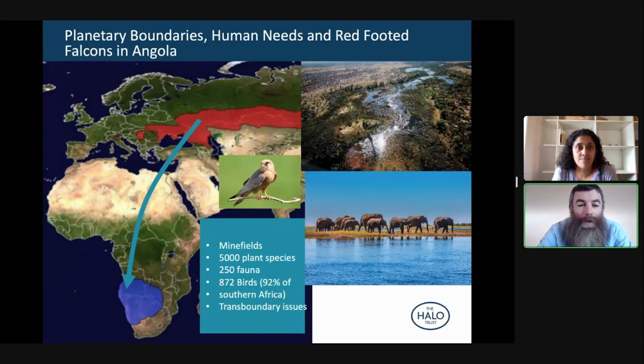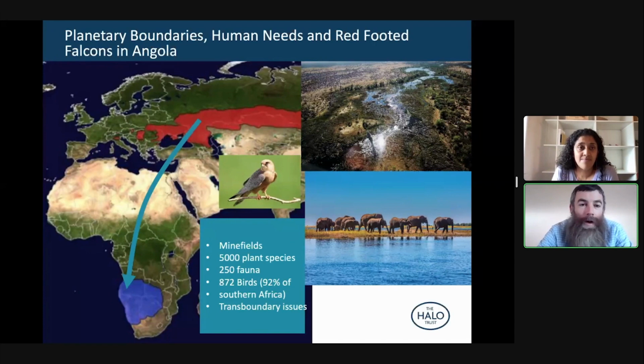And a very interesting small bird, the falcon, it's trans-equatorial, so it spends most of its time in the Caucasus regions and up to the Palearctic, and then it spends the rest of its life in the Afrotropical region, so it overwinters down in Angola.